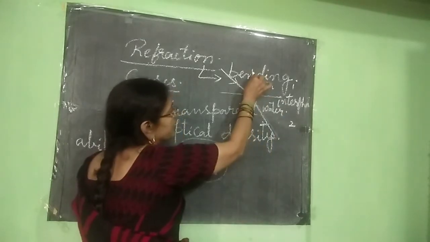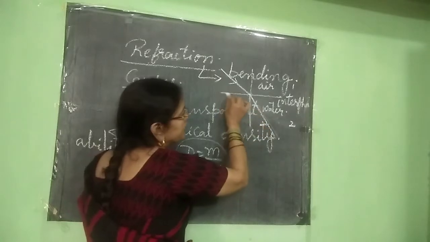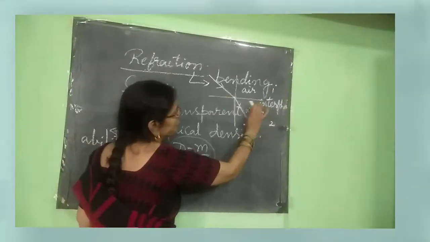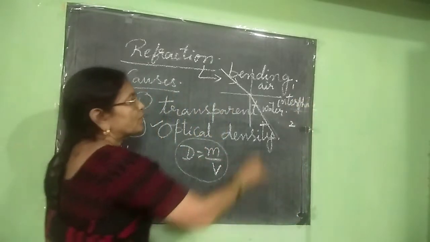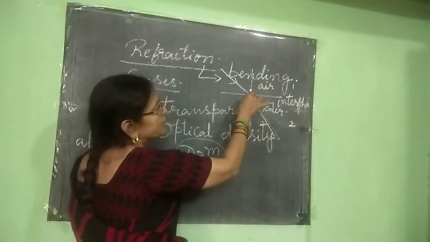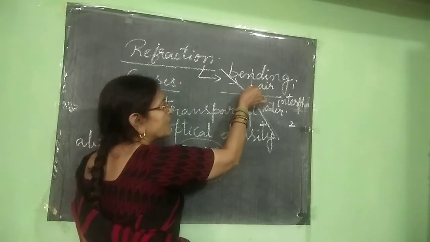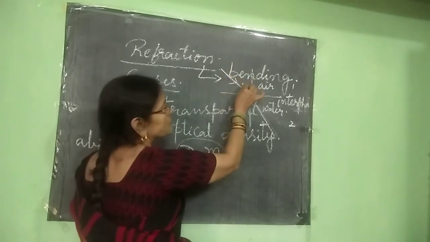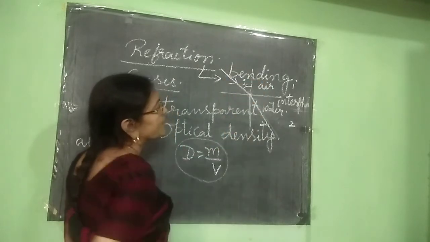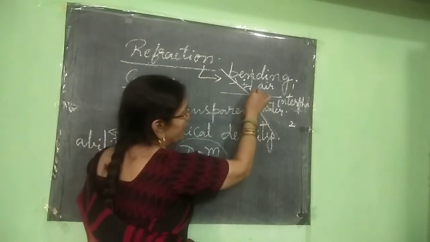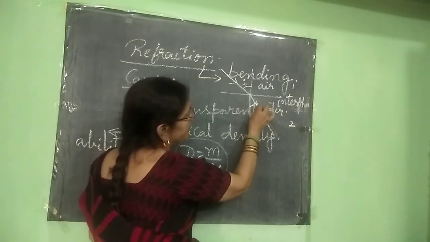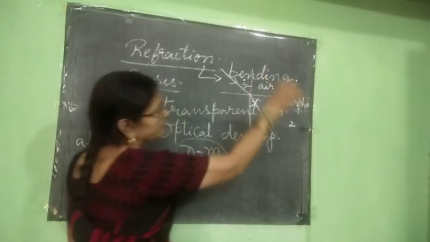When you are drawing a perpendicular to the interface, that is the separation of two media, which is nothing but the interface, there, when you are drawing a normal, the angle made by the incident ray with the normal is known as the angle of incidence, and the angle which the ray makes with the normal after refraction is known as the angle of refraction.